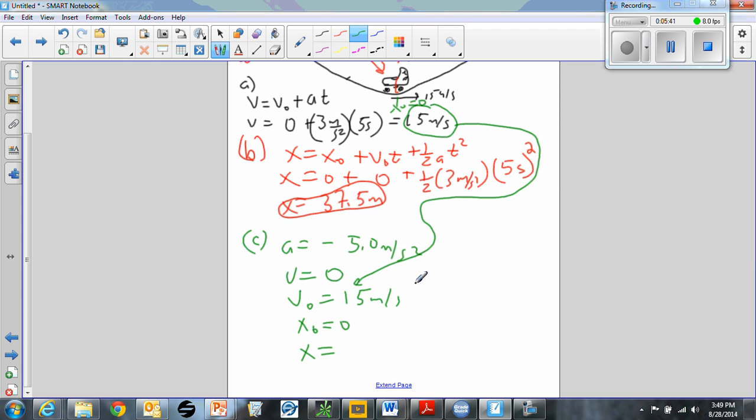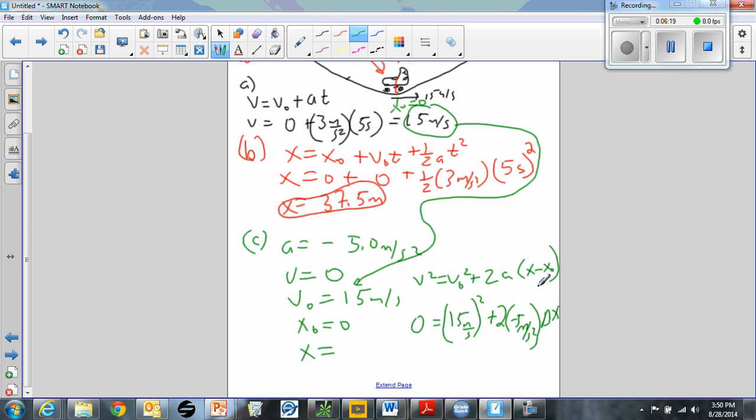If you look at your equation sheet, it's v squared equals v naught squared plus 2a times x minus x naught. So that's going to be 0 equals 15 meters per second, square that, plus 2 times negative 5 meters per second squared times delta x.